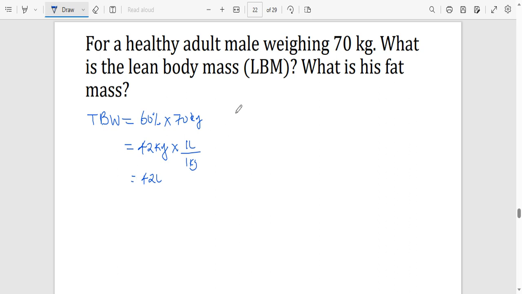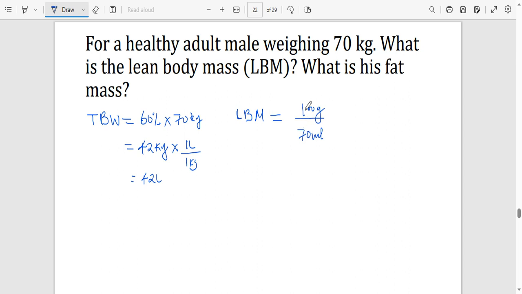Now already we have said that lean body mass is that mass that contains no fat. For 100 grams of that tissue, we're going to have 70 mils being water. That is what we've said.